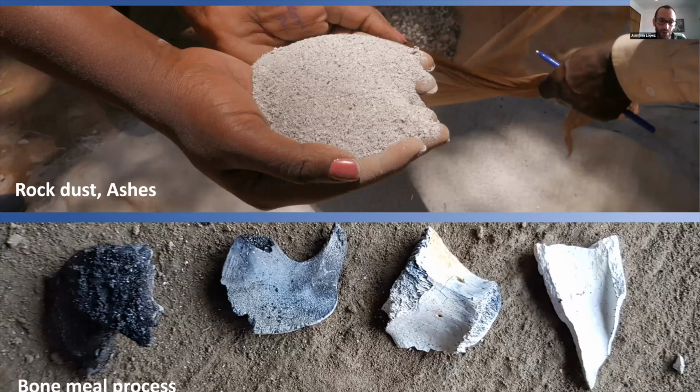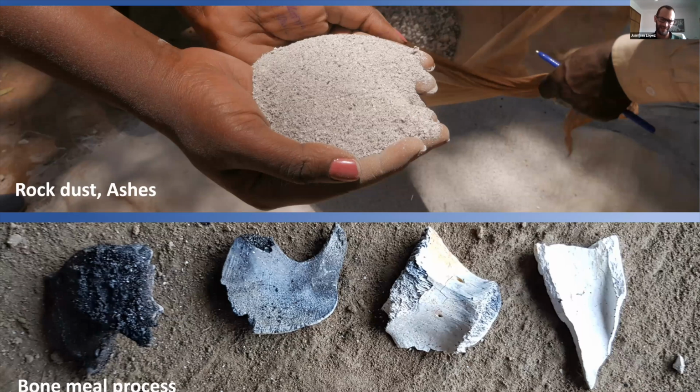We get the source of the diversity of elements through different types of rock dust and ashes, and one important thing in this approach is to bring back everything that is coming from the earth. In this case, we take the phosphorus from the bones.